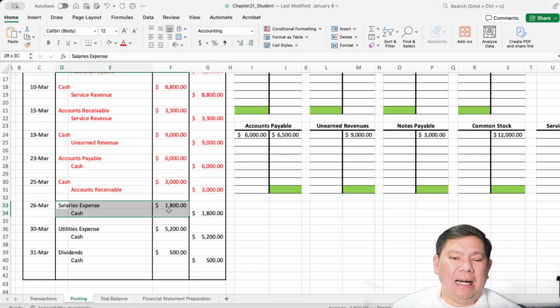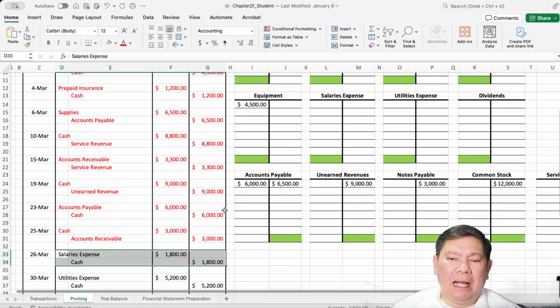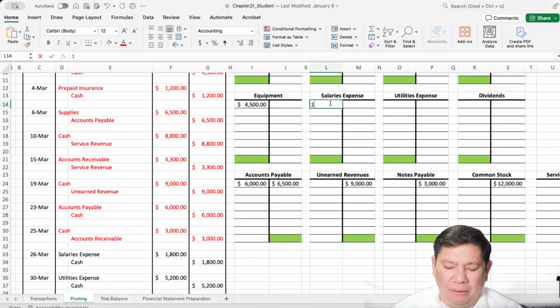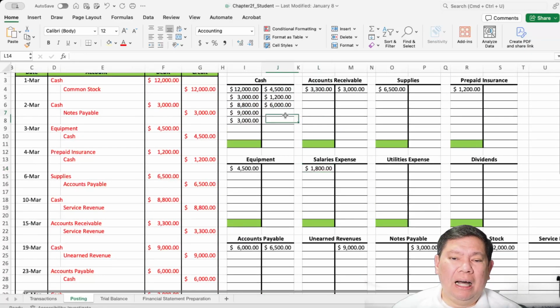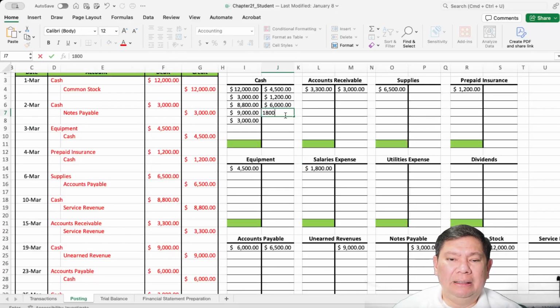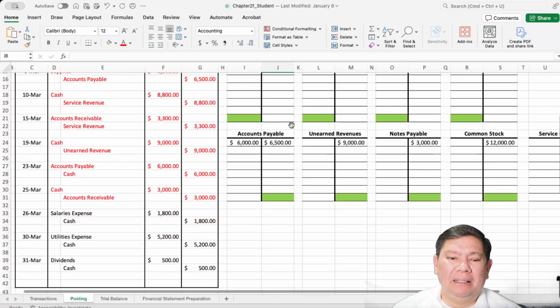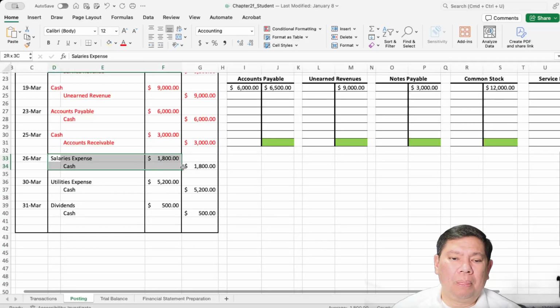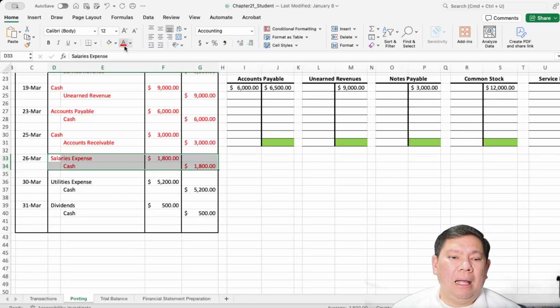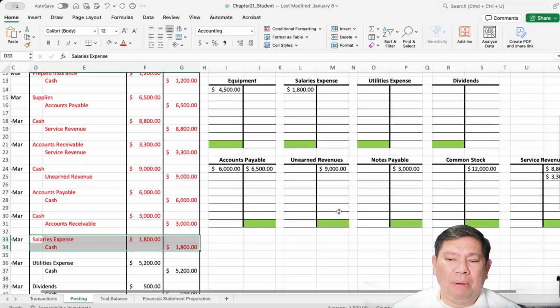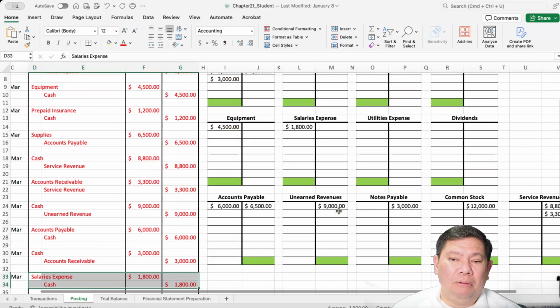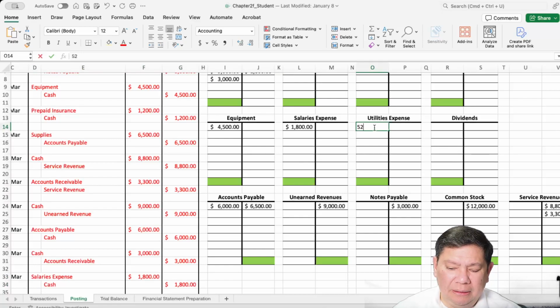And then we recognize salaries expense, 1,800. 1,800 salaries expense. We put it on debit because expense is a debit account. And cash goes down by 1,800 on credit. And then utilities expense is 5,200 on debit.